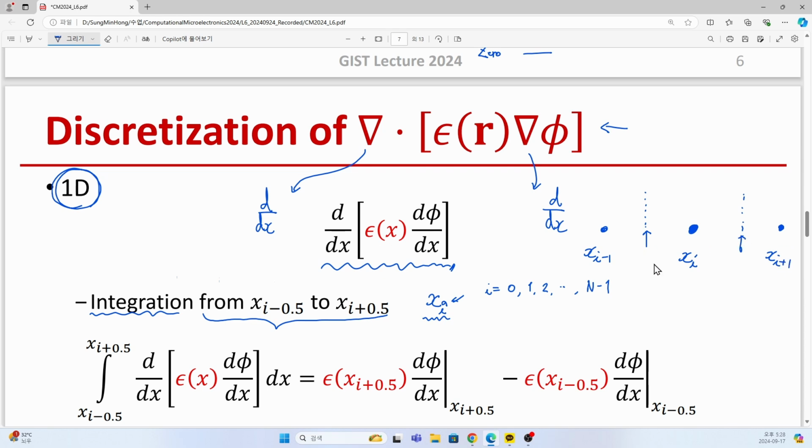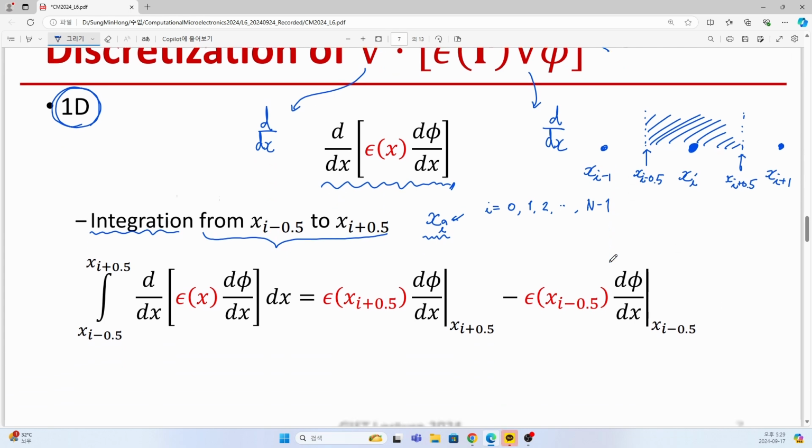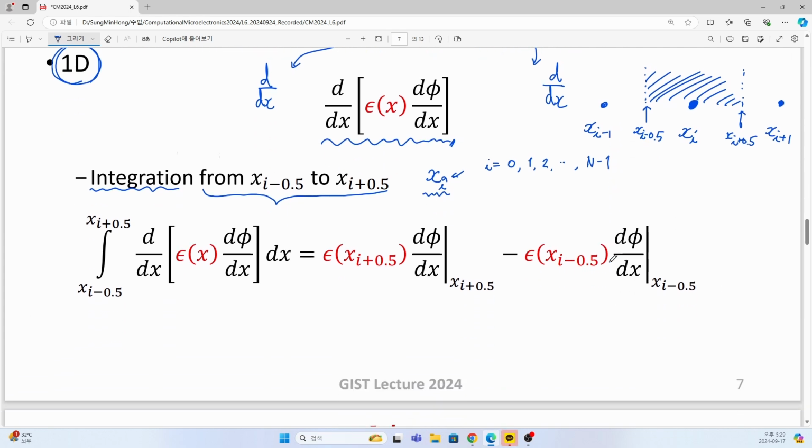So this point is denoted as the minus half point, and here we have the plus half point. We will just make an integration over this range. When you do it, then we can make a much simplified expression. So let's do it together.